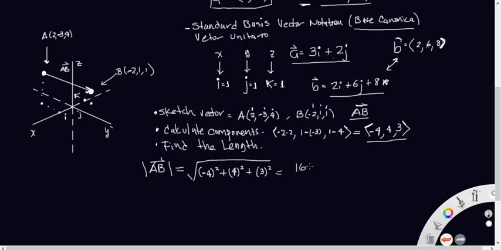So the length for this one equals 16 plus 16 plus 9, and this is equal to the square root of 41.